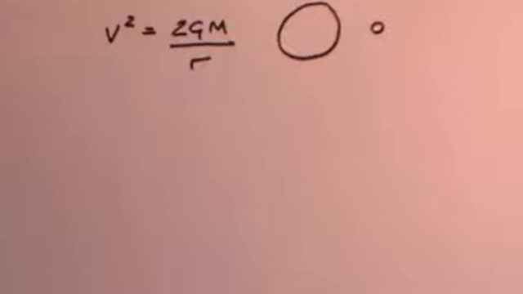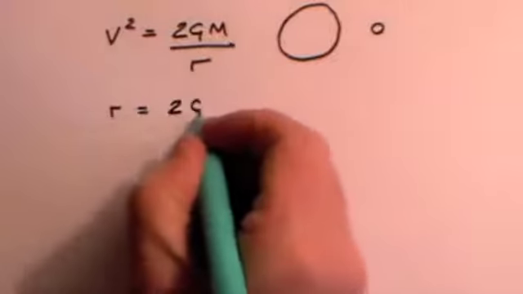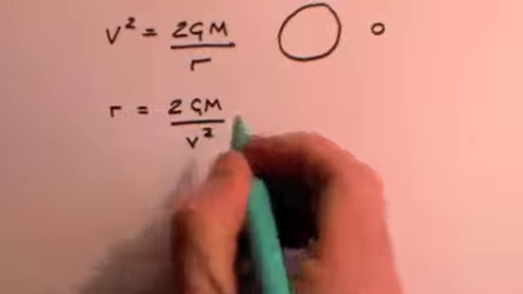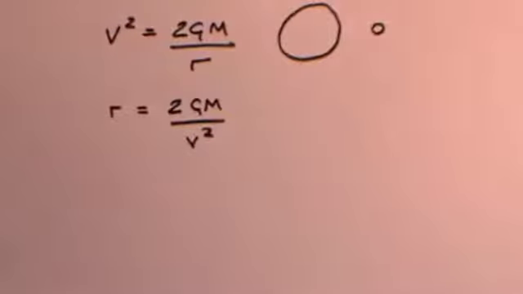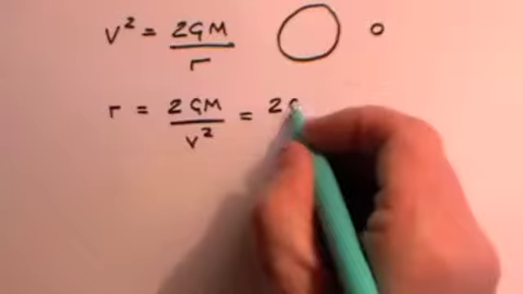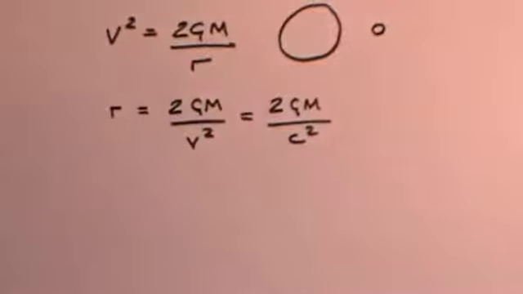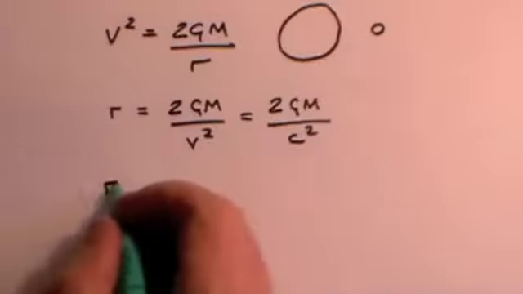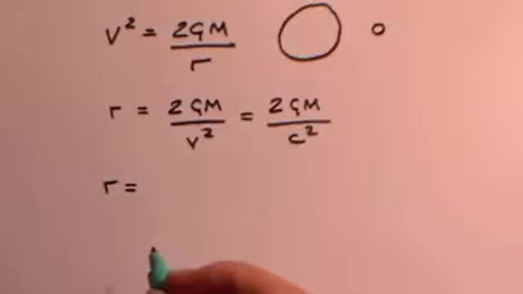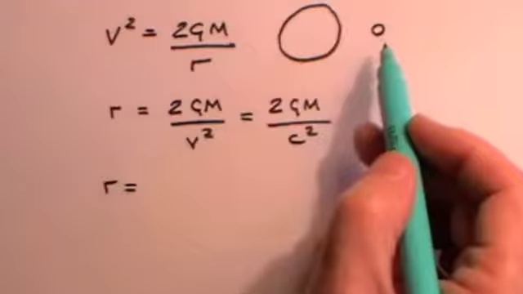Well, let's rearrange this formula, and we get that r is equal to 2gm over v squared. But we are saying that we want the escape velocity to be the speed of light, so that becomes 2gm over c squared. Well, we can work that out. That means that the radius of the Earth, if it were to be a black hole, means all the mass of the Earth must remain within that new squashed sphere.